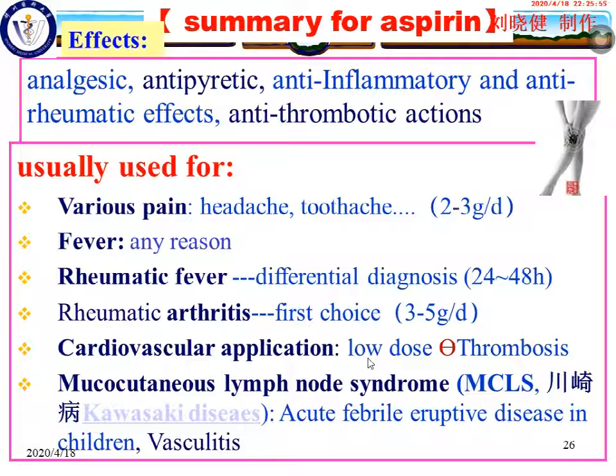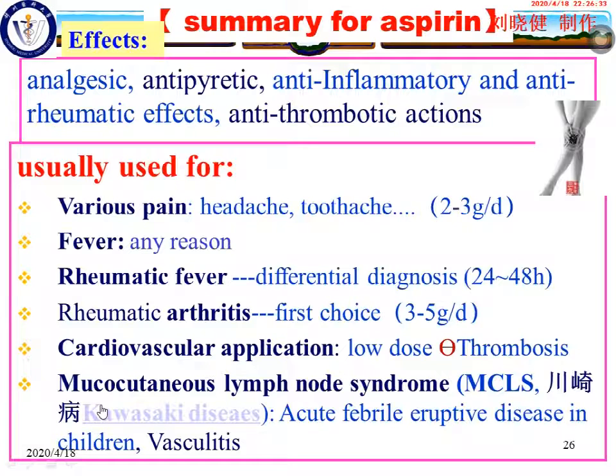But once some individual is diagnosed with acute myocardial infarction, the first time of administration, usually it is 300 mg. Just to shorten the time for the antiplatelet effect to take place.